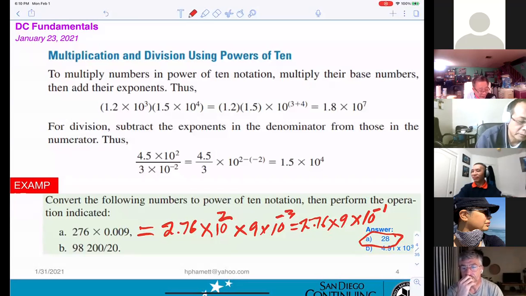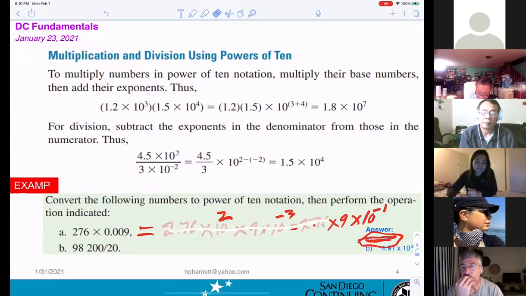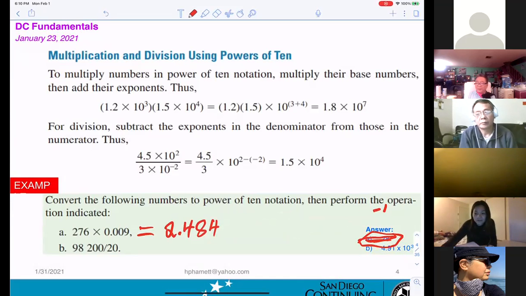Yep, 2.48. If you round it up, it's 2.5. So the book is wrong. Okay, so I'll give you the right answer: it's 2.484. Correct. Yes, you can round to 2.5. That's okay, no big deal.